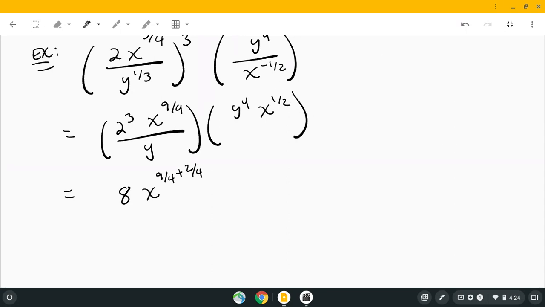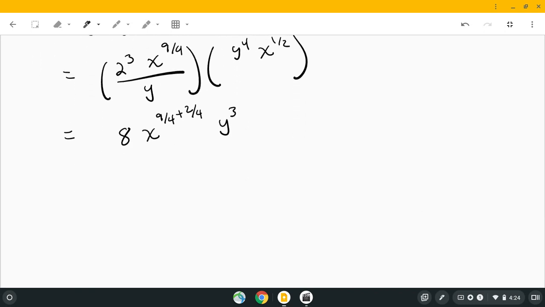That way I have common denominators. And then here I'm going to get 4 minus 1 is 3. So I get 8x to the 11/4 y cubed.